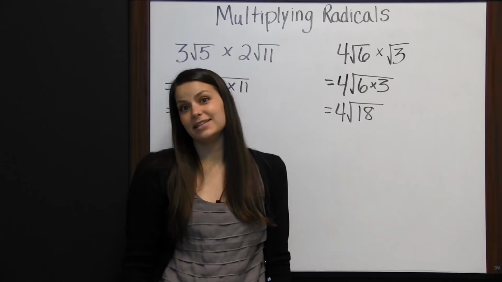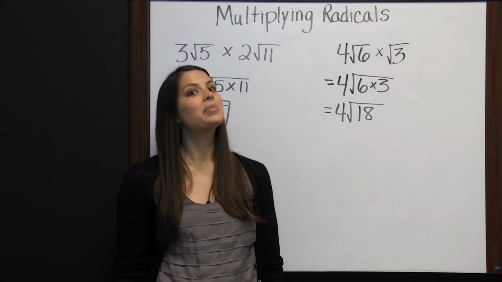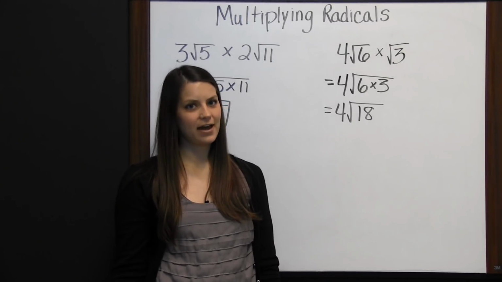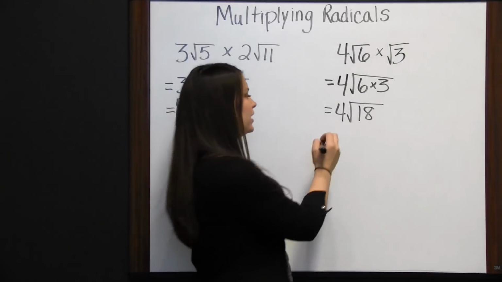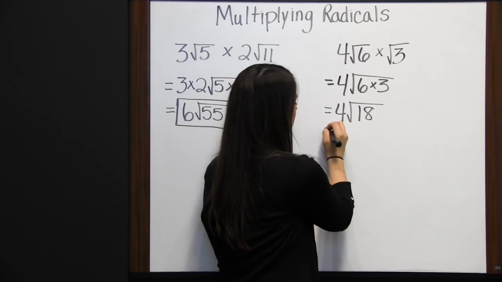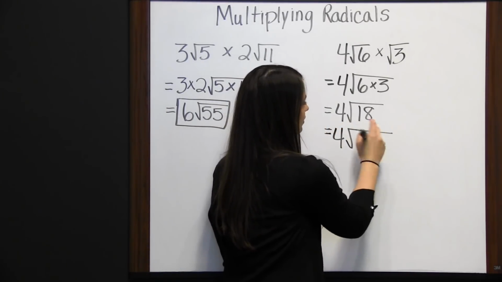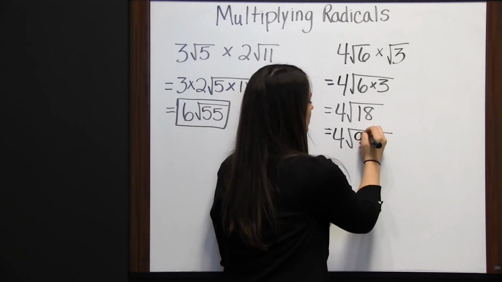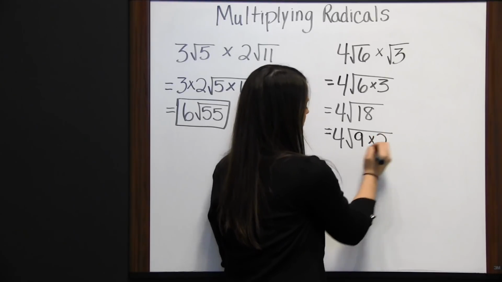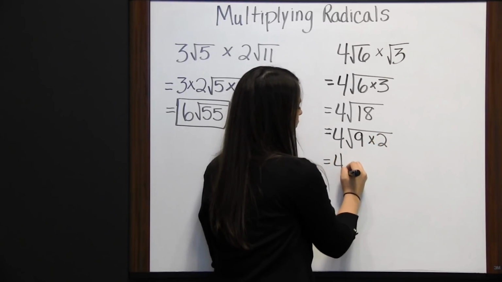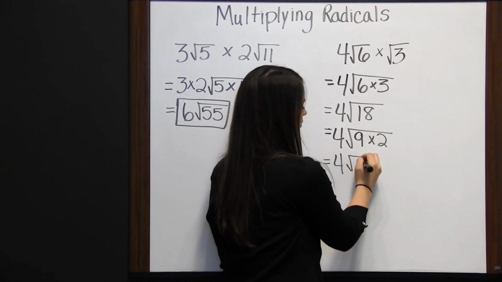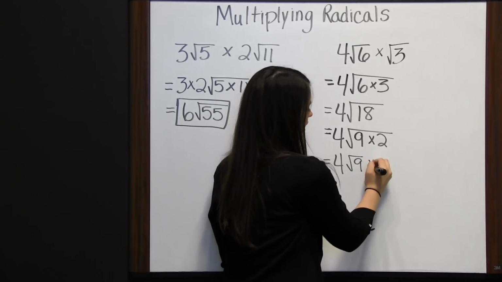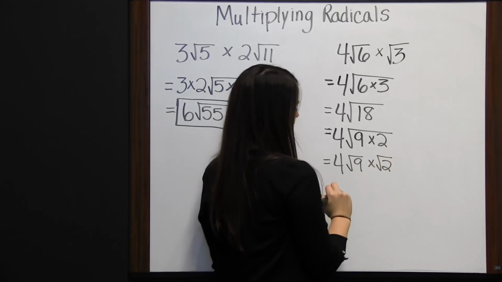Now 18 is not a perfect square, but it does have a perfect square factor. So we're going to simplify it. 4 square roots of, the perfect square factor of 18 is 9. So I'm going to rewrite it as 9 times 2, which means this is 4 times the square root of 9 times the square root of 2.